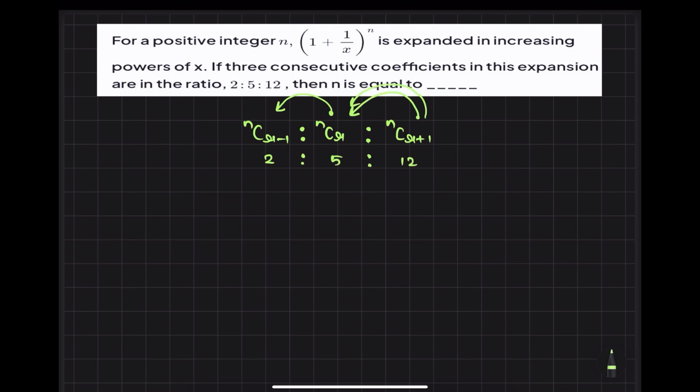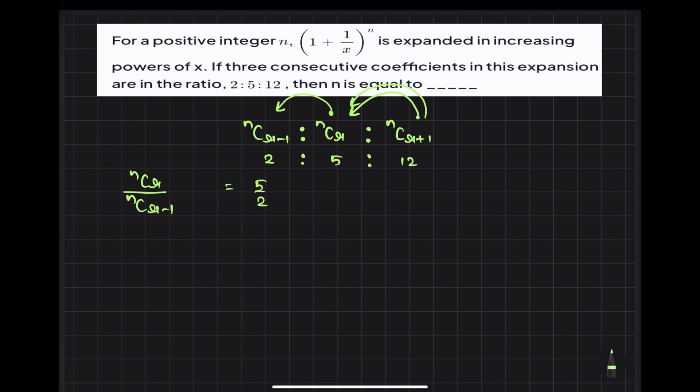Now go with the first idea. So it is nCr upon nCr minus 1. Have you ever seen this situation? Yes, okay. Like we will solve this one, so we can write this as 5 by 2.